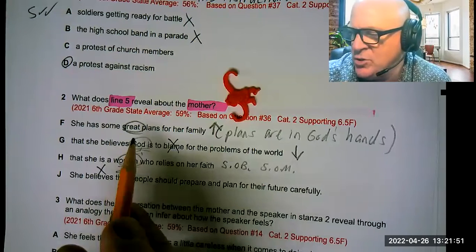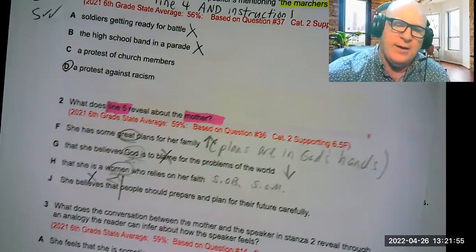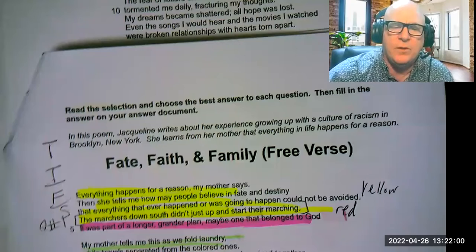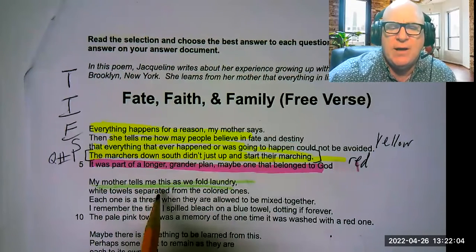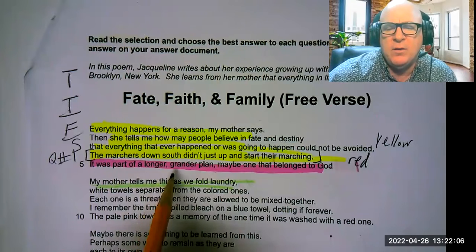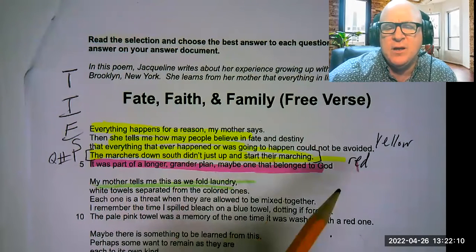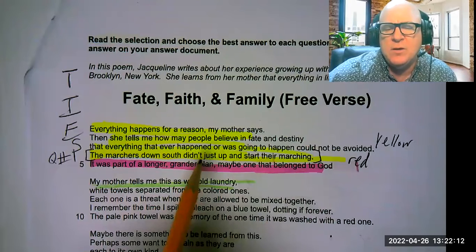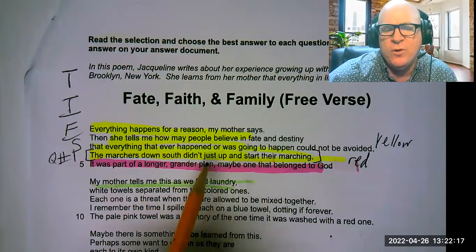So I'm going to go back to the passage where I have highlighted line 5 in red for you, where she says, it was part of a longer, grander plan, maybe one that belonged to God. So a plan that belongs to God. It doesn't talk about her making plans. The things that before, yellow, backing up or going forward: My mother tells me this as we fold laundry.